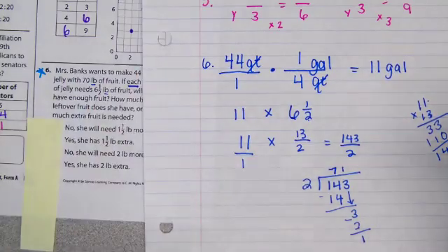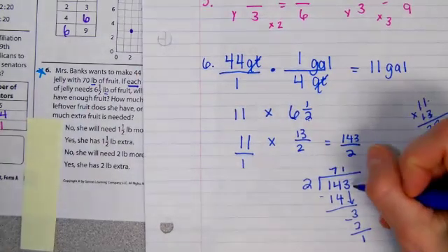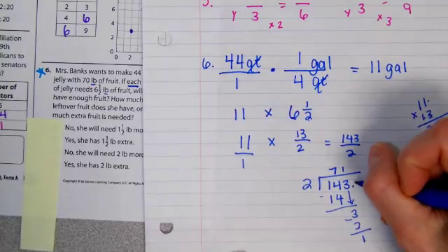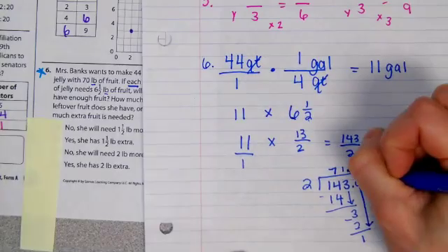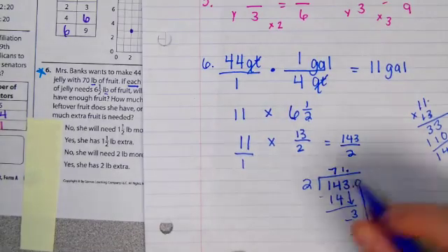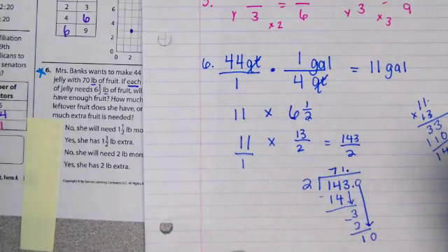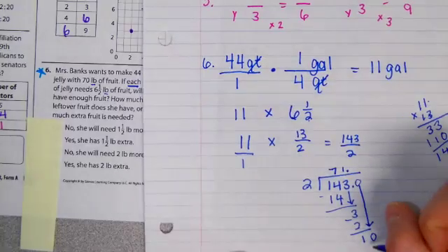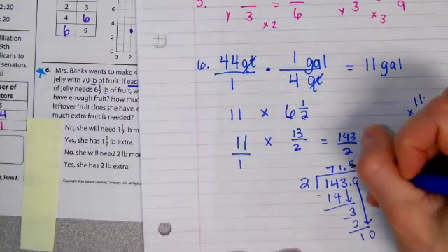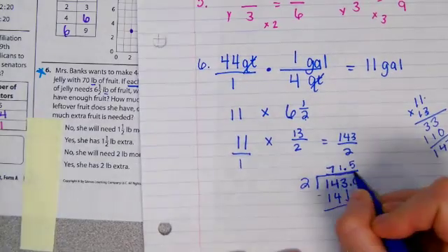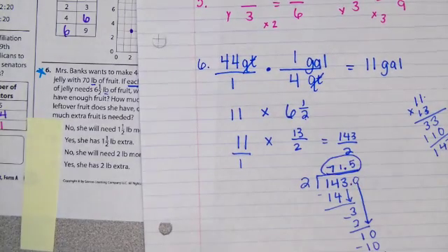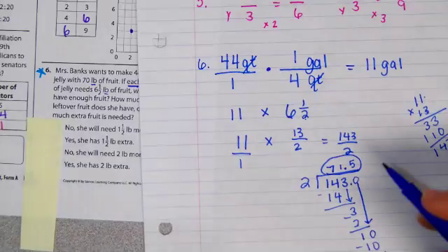Now we have this remainder, right? So what we have to do is we have to add a decimal point and a 0 that we can bring down. And then we add that decimal point here. How many 2's fit into 10 would be 5. 2 times 5 is 10. Okay. And so 71.5 is what we have, right?